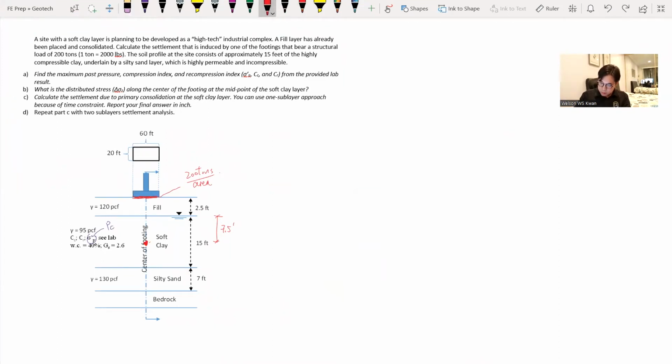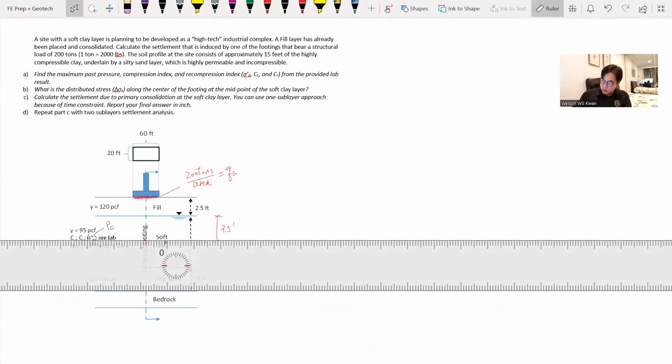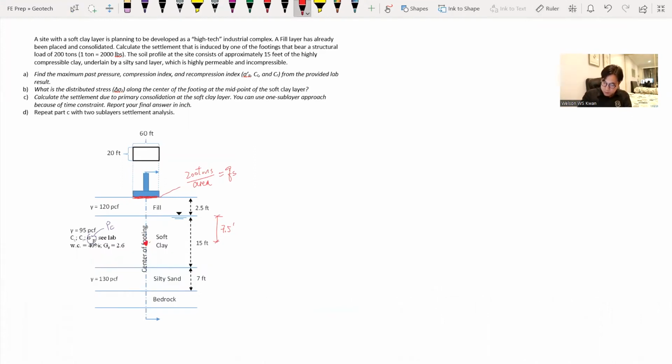This is Q sub S. And at this elevation, at this depth right there, the distributed loading is delta P equals I times Q sub S. So in that case, I is the correction factor or the influence factor.